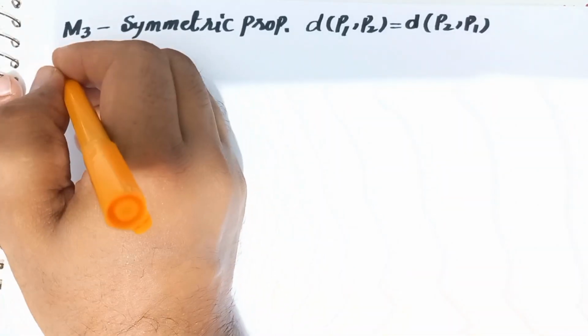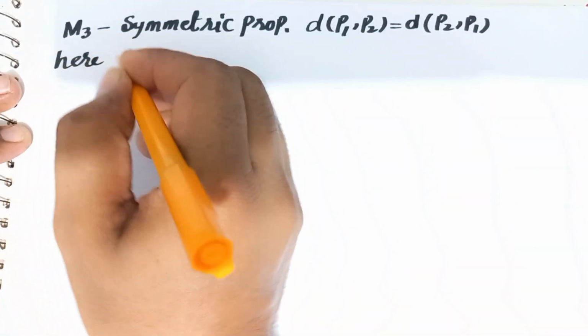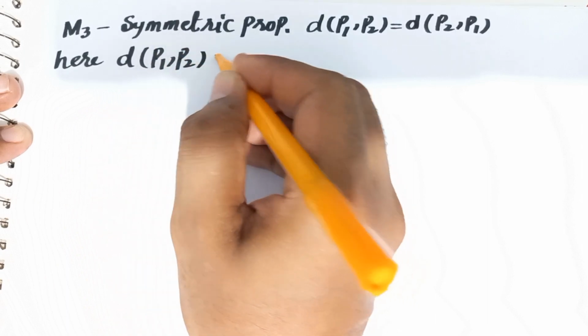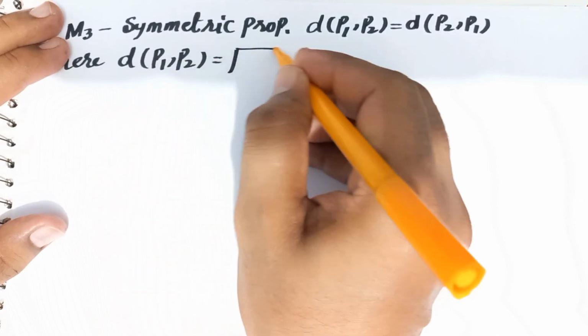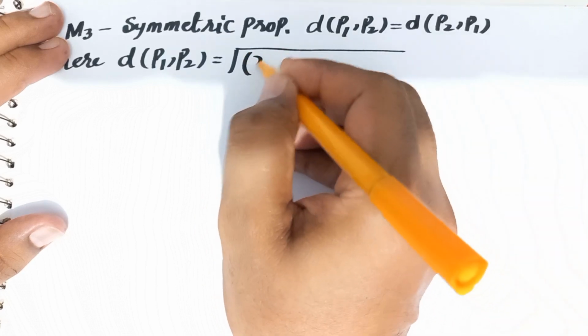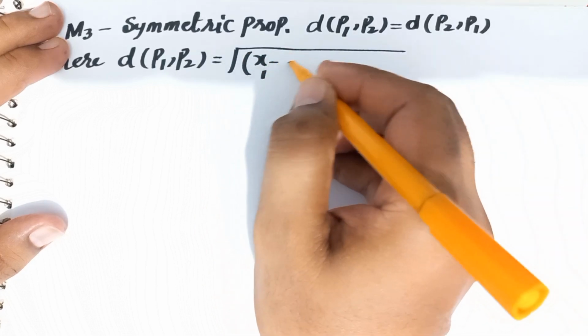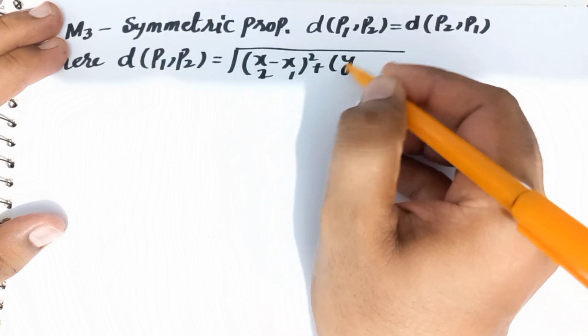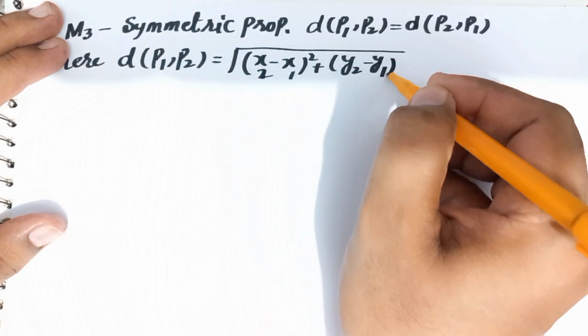So here D(P1, P2) is equal to (x1 minus x2), (x2 minus x1) whole square, (y2 minus y1) whole square.